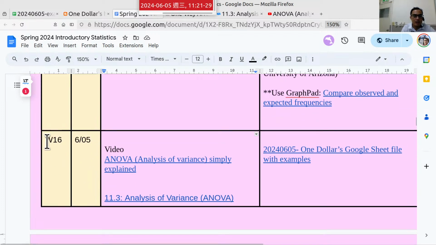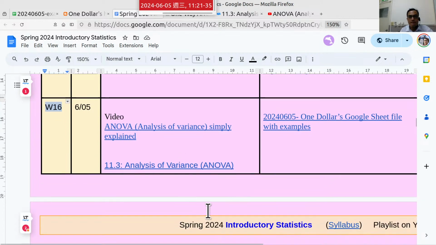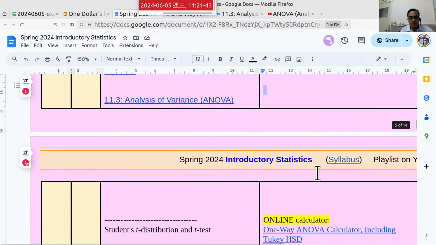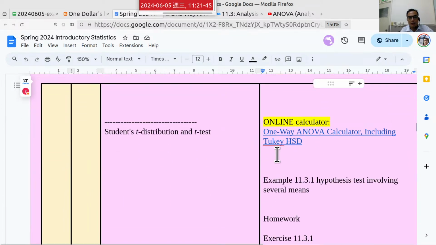Today's lecture is on week 16, and my example is here, but you need to switch different sheets, and the online calculator is here.